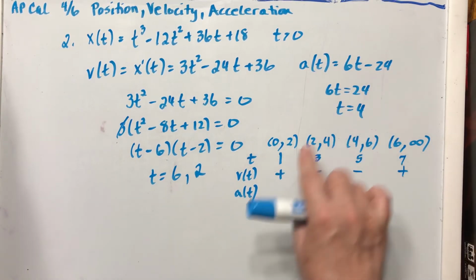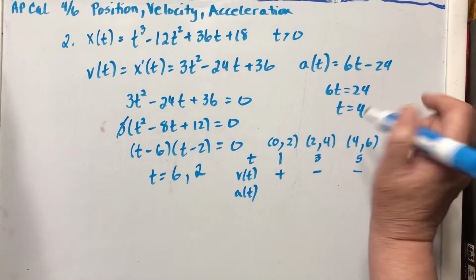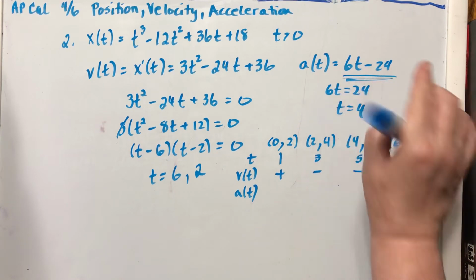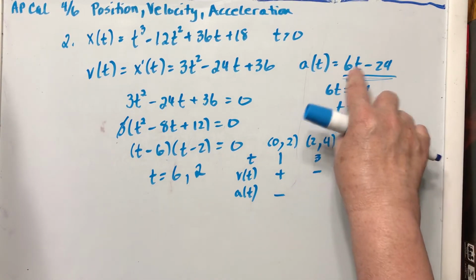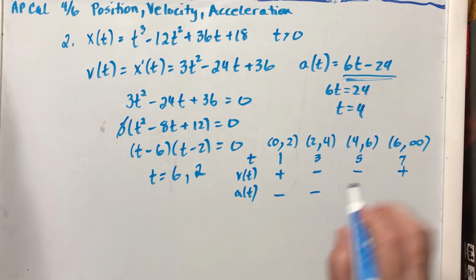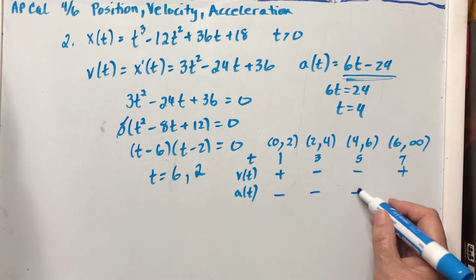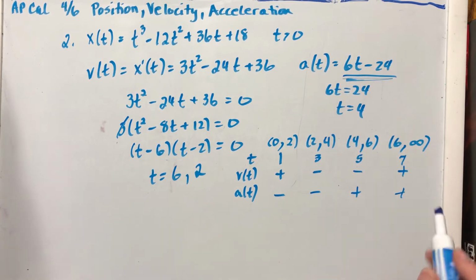Now let's look at acceleration with these same numbers. When I plug in 1 into my acceleration, 6 minus 24 is going to be negative. When I plug 3 in, 18 minus 24 is negative. When I plug in 5, 30 minus 24 is positive. And when I plug in 7, 42 minus 24 is positive.